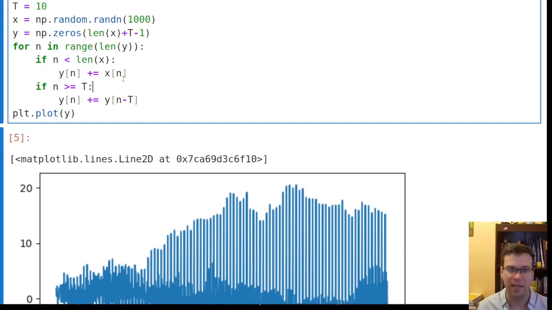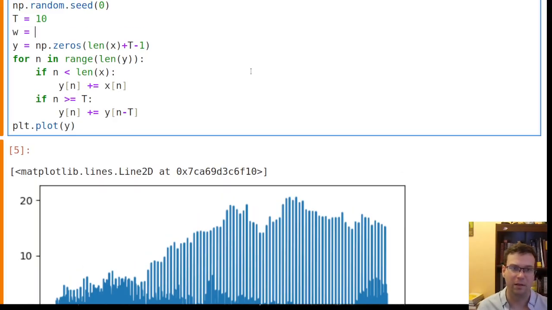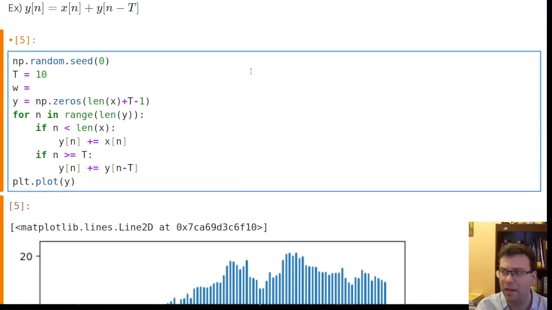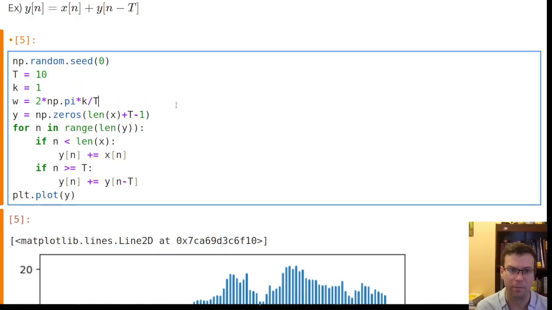And to figure out why that's happening, I'm going to put in, instead of random noise, a very special cosine. So let me make the omega, in radians per sample, be 2 pi times some integer k over t. Maybe I'll start k off as being 1.